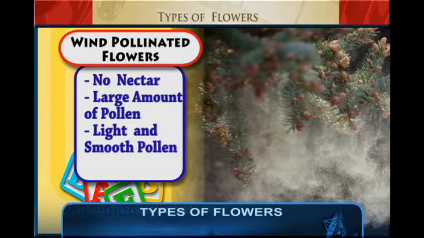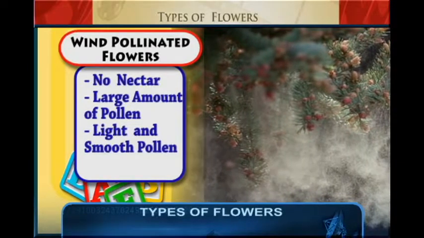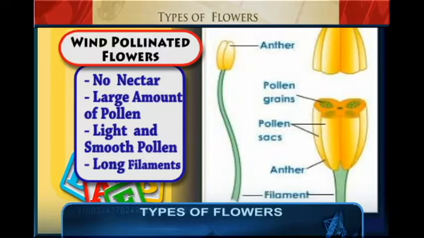It's light and smooth. The stamen has a long filament. The purpose of this long filament is to help the transfer of pollen grains to a position where they can be blown by the wind, and then they can move to the stigma.